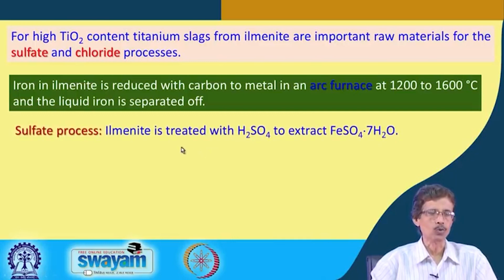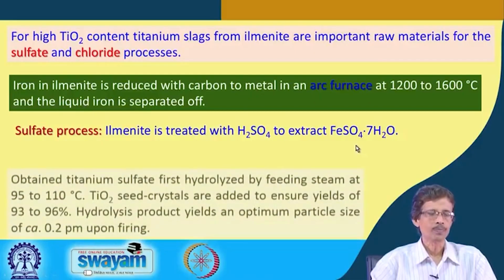So, the sulfate process basically gives us that ilmenite which is treated with sulfuric acid to extract the iron, which is in the ferrous ion form as ferrous sulfate heptahydrate.